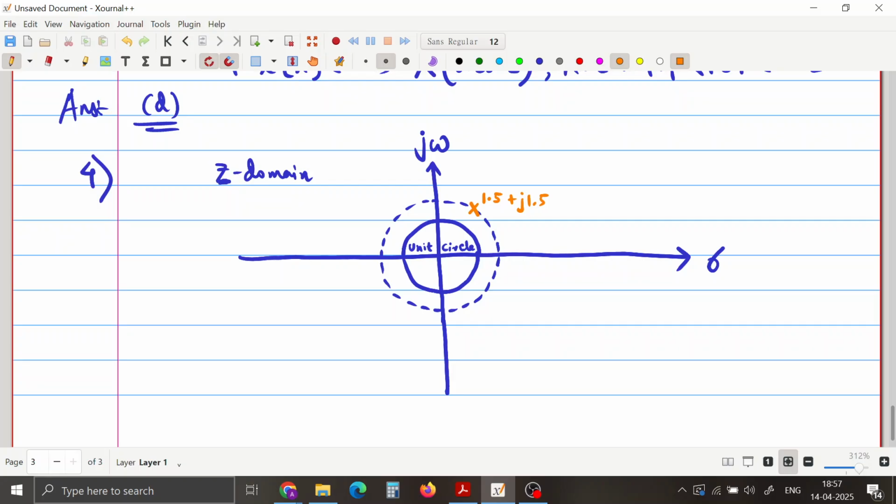So 1.5 units on the real axis and 1.5 units along the imaginary axis. And another pole is located at its symmetrically opposite point, which is at 1.5 minus j into 1.5. So these two poles are complex conjugates of each other.